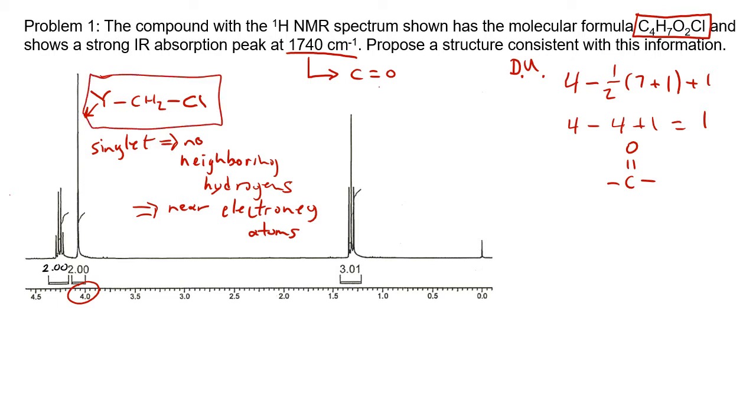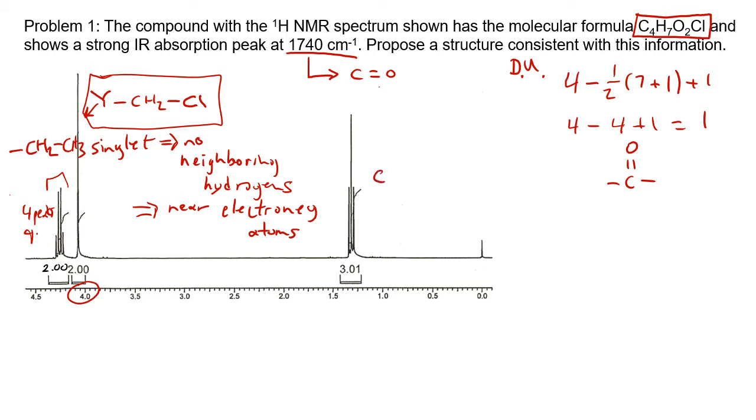Well, what else do we have? We have a quartet right here that integrates to 2. So first of all, we know this is a CH2, a different CH2, and because it's a quartet, so 4 peaks in that signal, we know that it must be next to a CH3. Well, interestingly enough, we have what appears to be a CH3 as we look over here at this peak at 1.4 ppm.